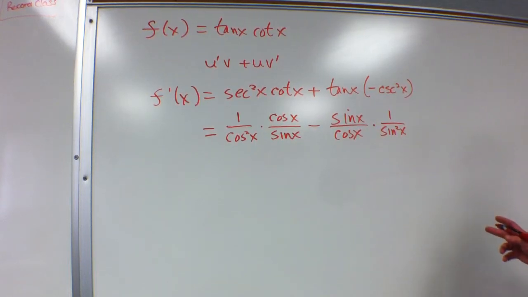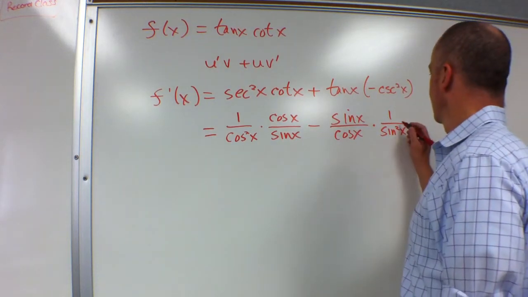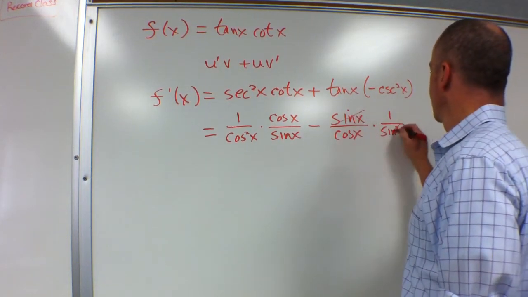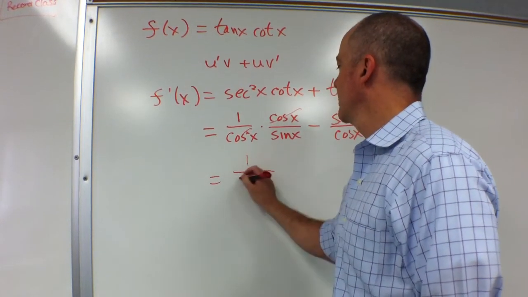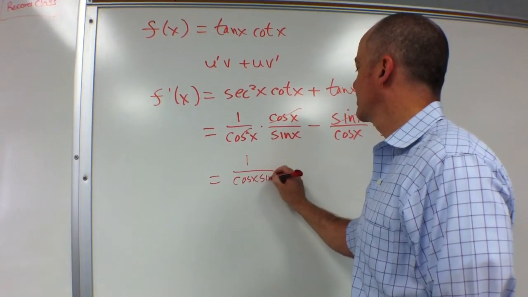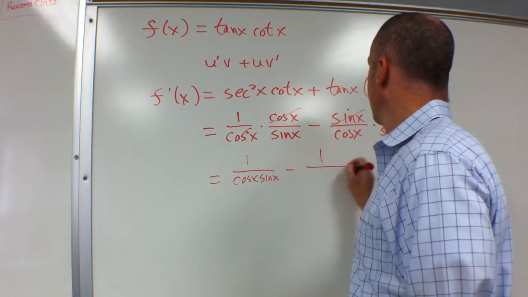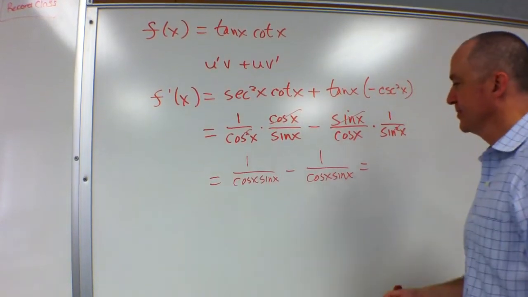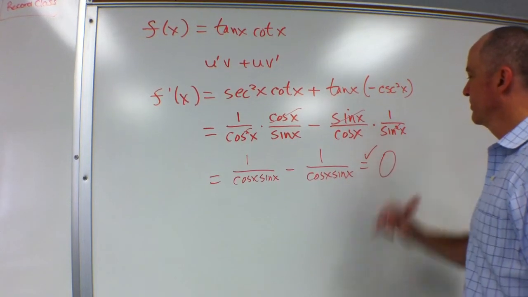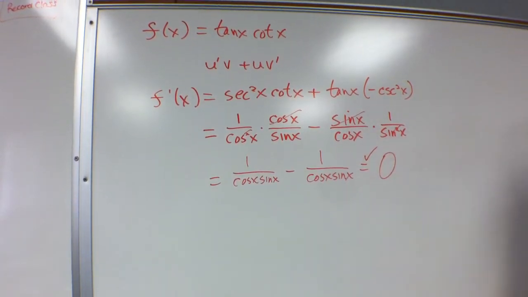Is this going to work? Yes. The sine is squared. The sine will cancel out with that squared, the cosine will cancel out with that squared. I'll get 1 over cosine x sine x minus 1 over cosine x sine x, and what does that equal? 0. Life is good.